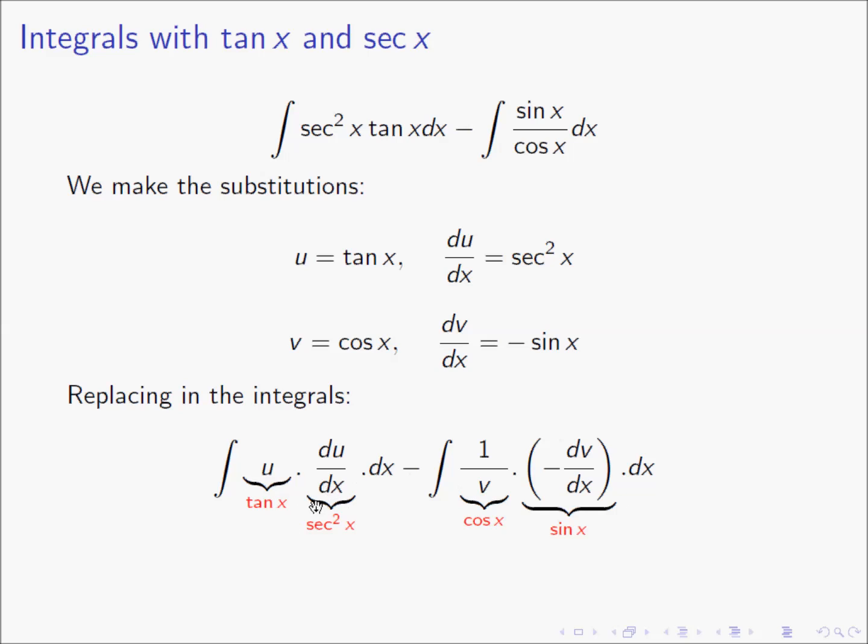Here we can cancel the dx, here we can cancel the dx also. So this becomes the integral of u du, and here we have a minus times minus, that's plus the integral of dv over v.